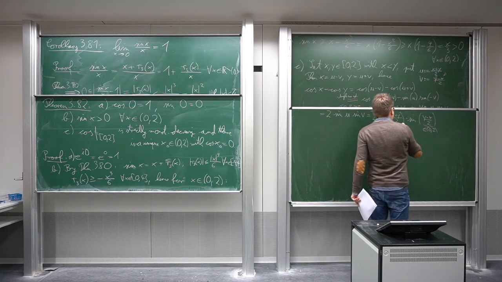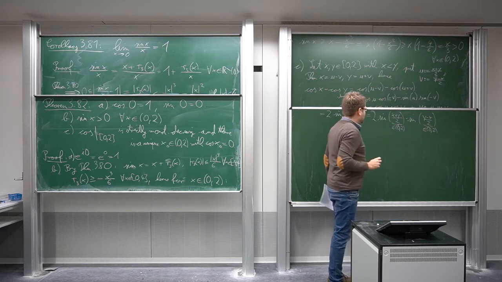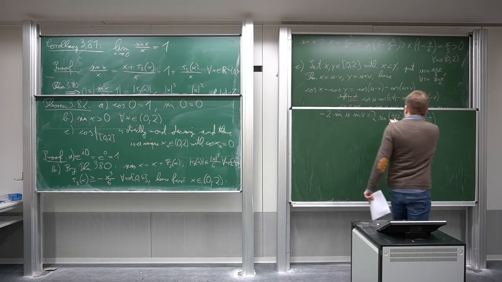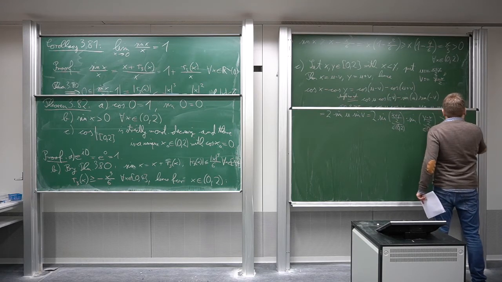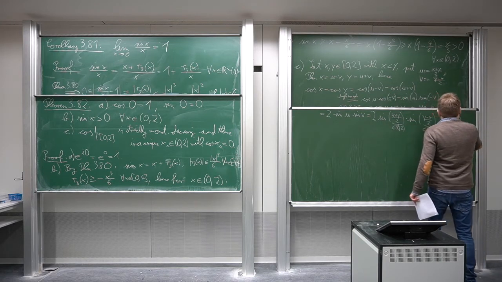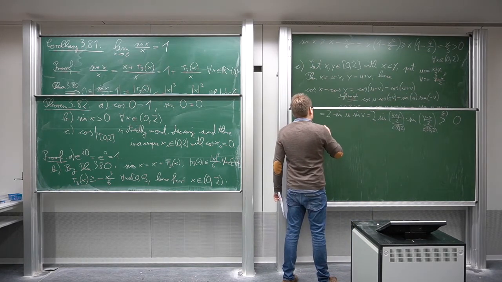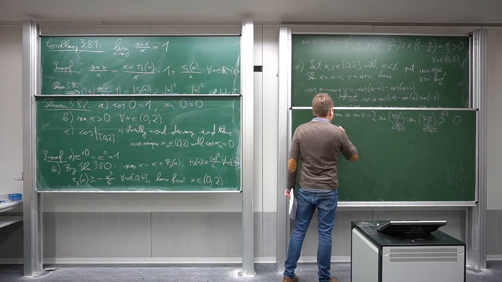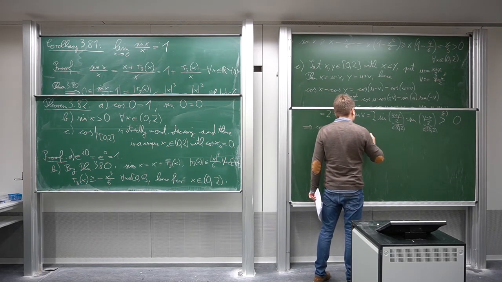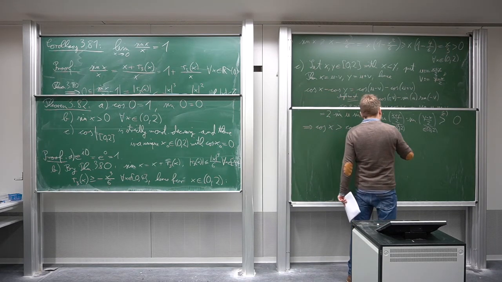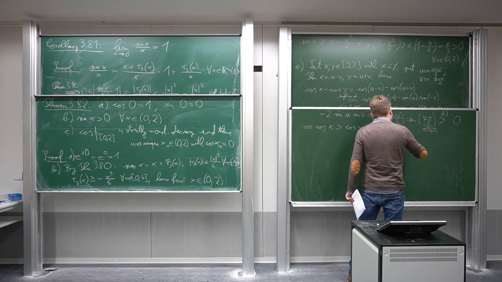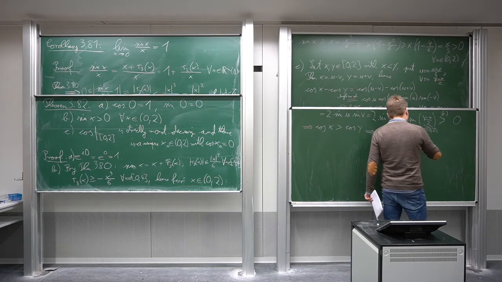And this is also in 0, 2. So by part B, this is positive, so the whole thing is positive, which we have just shown. So we've proven cosine of x is bigger than cosine of y, and so the cosine is strictly monotonically decreasing on this interval 0, 2.